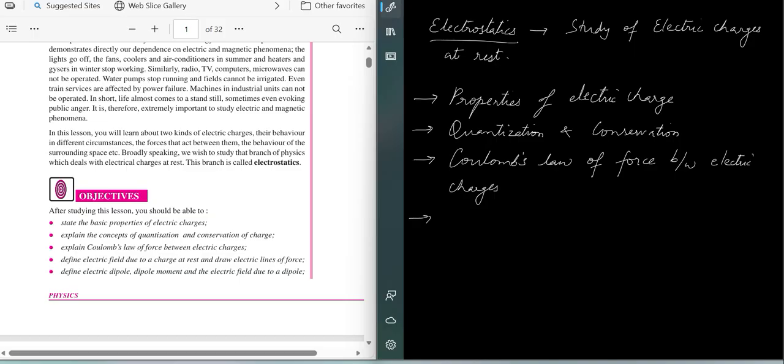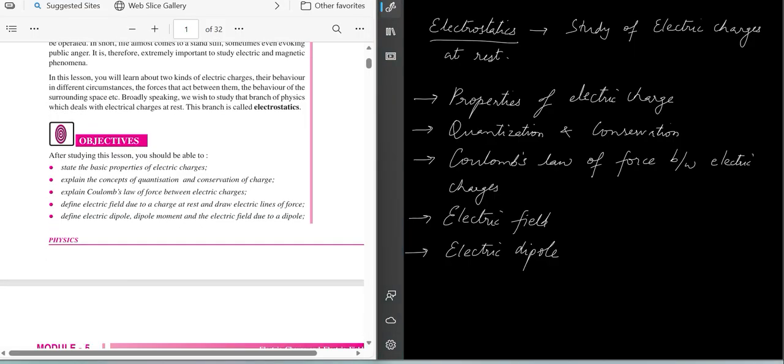Then we will understand the concept of electric field and we will move on to the electric dipole, and what the dipole moment of the electric dipole is, and what the electric field due to a dipole is in two different directions, axial line and equatorial line.